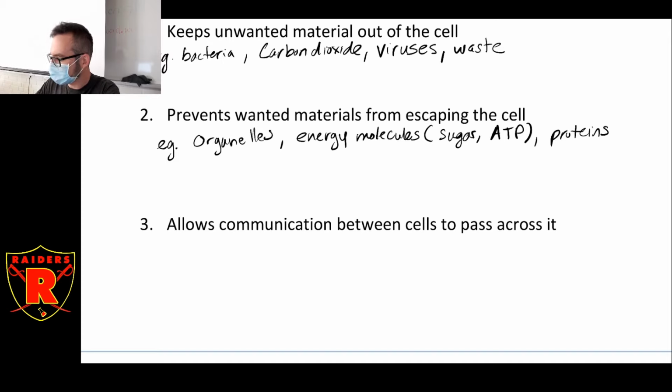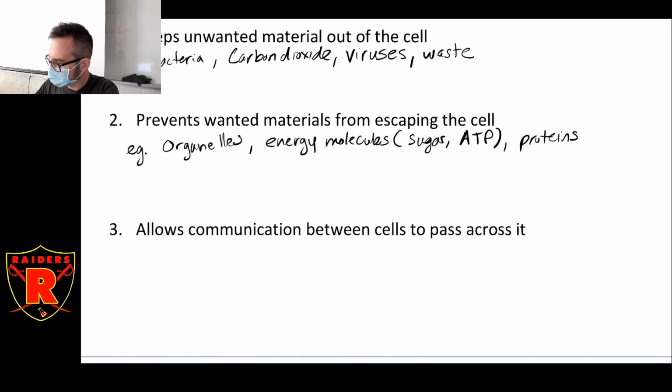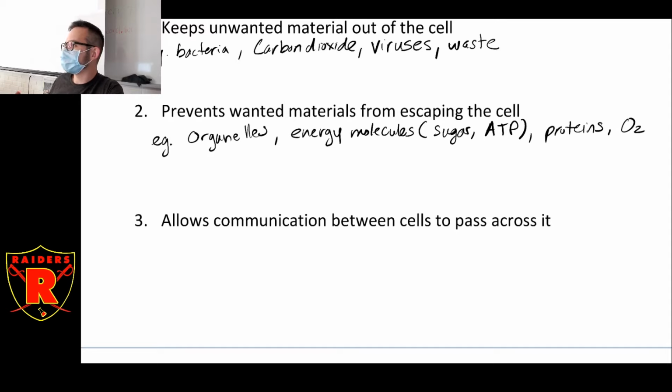So it has intracellular proteins, proteins that are inside the cell that it doesn't want to escape. It needs them inside the cell. What else? Oxygen. Just want to keep that O2 in that it takes in, not lose that. It gets used pretty quickly, but okay, that's a pretty good list. So those are some materials that the cell wants to keep in, and that's what the cell membrane does. It keeps that stuff from leaving.